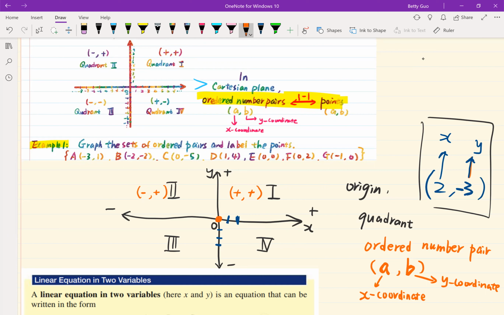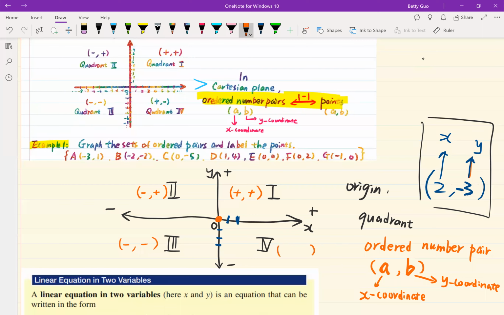Why? Because any point in quadrant 2 would be to the left of the origin, above the origin, right? So x-coordinate is negative, y-coordinate is positive. Any point in quadrant 3, both of the two coordinates are negative because it's to the left and below the origin.